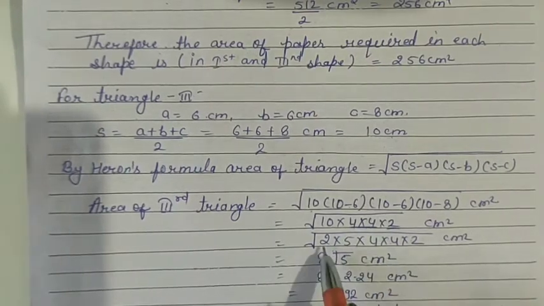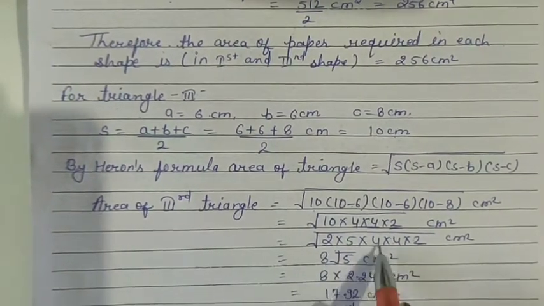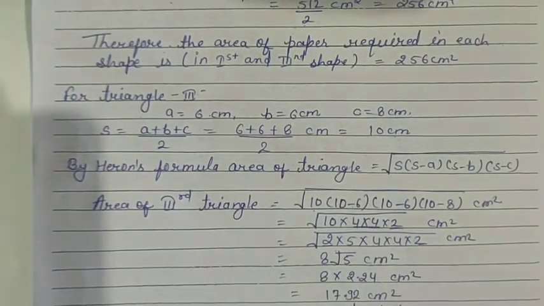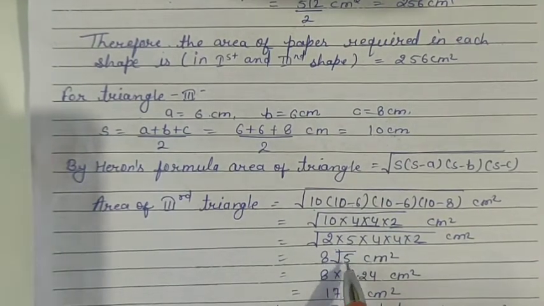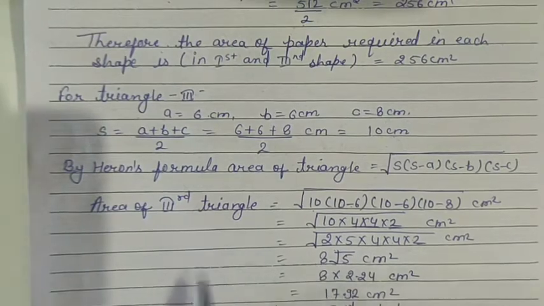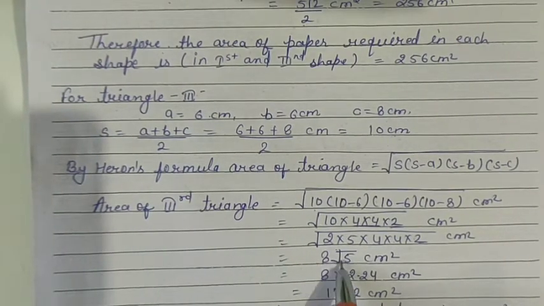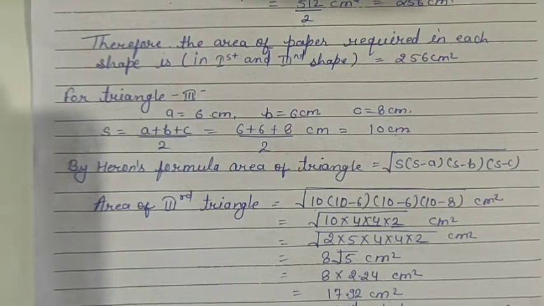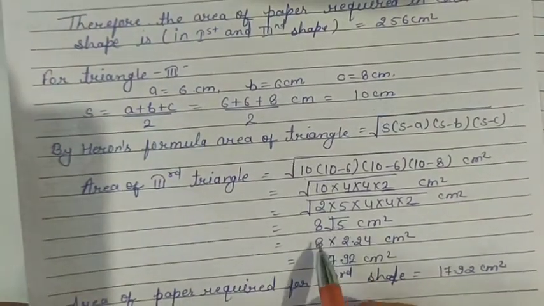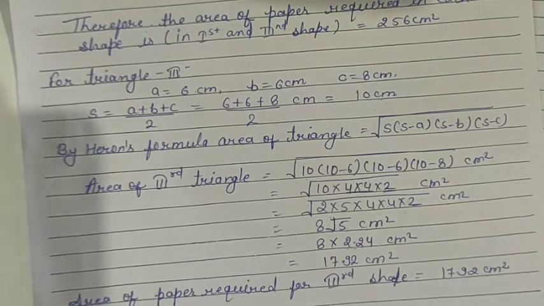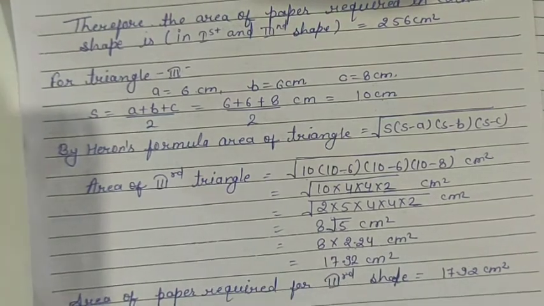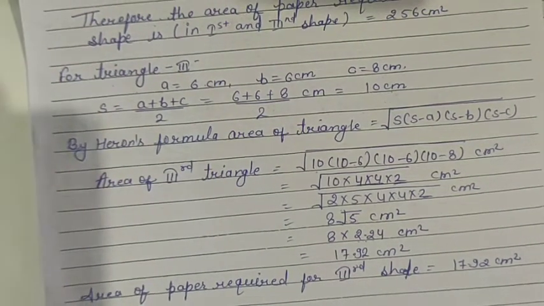So the square root of 2 into 2 is 2, the square root of 4 into 4 is 4, so 2 into 4 is equal to 8, and the square root of 5 is square root 5. So the area of the third triangle is equal to 8 square root 5 centimeter square, and when you solve it you get 8 into 2.24 centimeter square, and that is equal to 17.92 centimeter square.